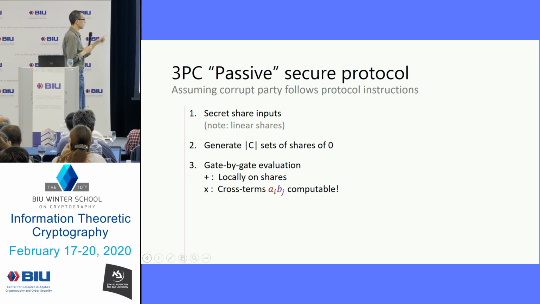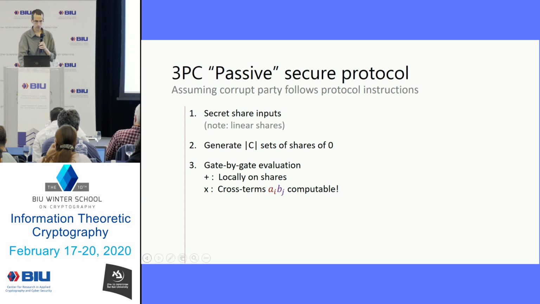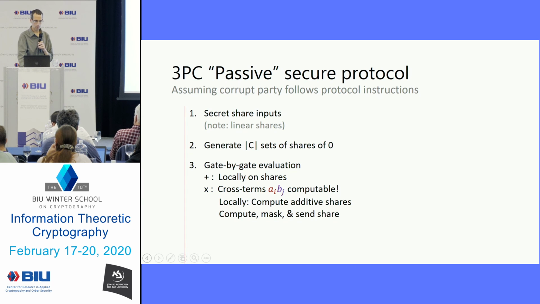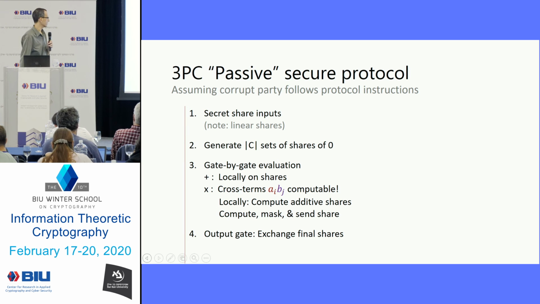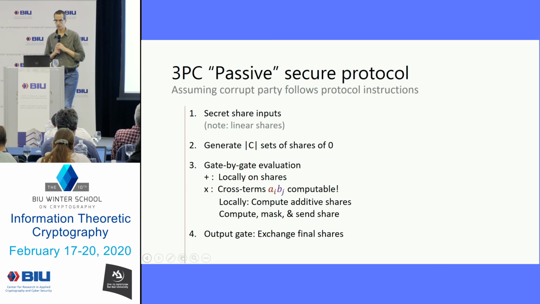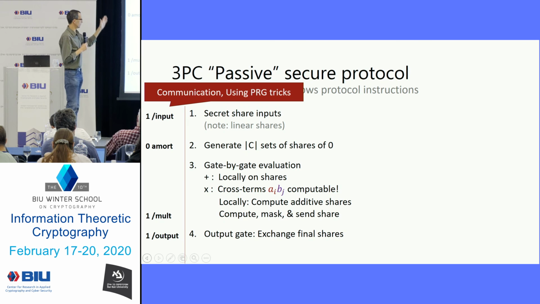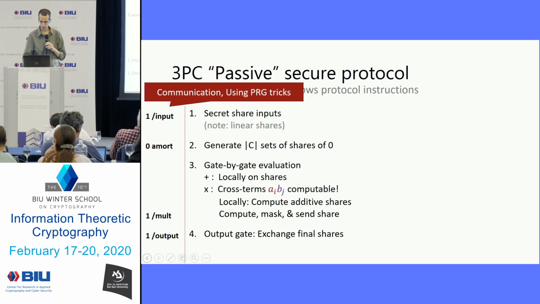And if it was products, then shared the cross terms by computing and masking. And then we got to the output gate and exchanged the final shares. The communication, we can go over all of them, but that's not really the point, would be exactly one field element per party per gate.